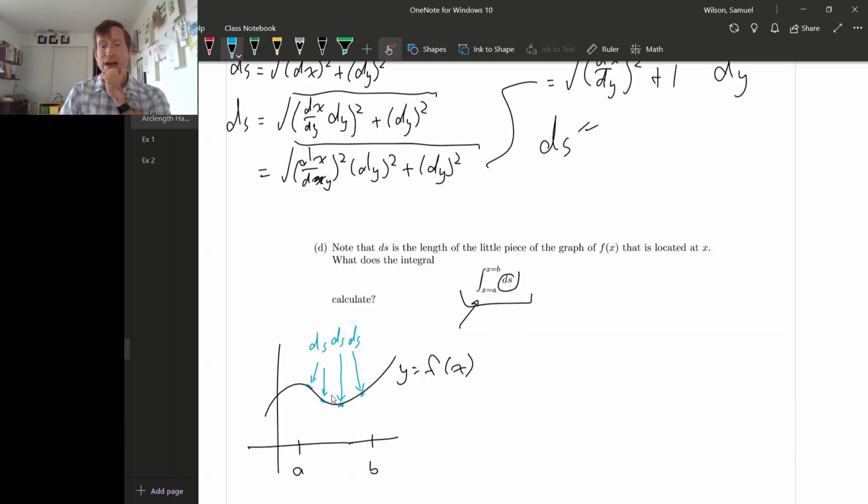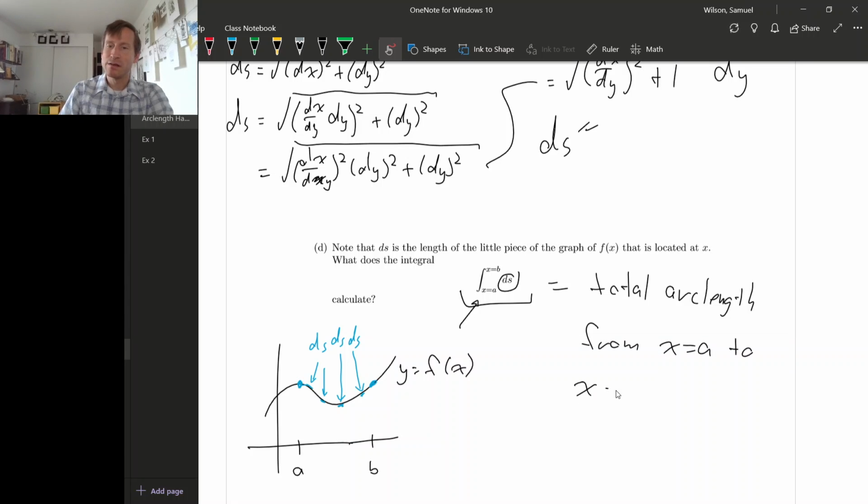And an integral adds things up. So this integral is going to add together all of these little bits of arc length, starting at x equals a and going to x equals b. So what's that going to give us? Well, if you add up all of the little bits of arc length from a to b, then what you get is the total arc length along the graph from x equals a to x equals b.